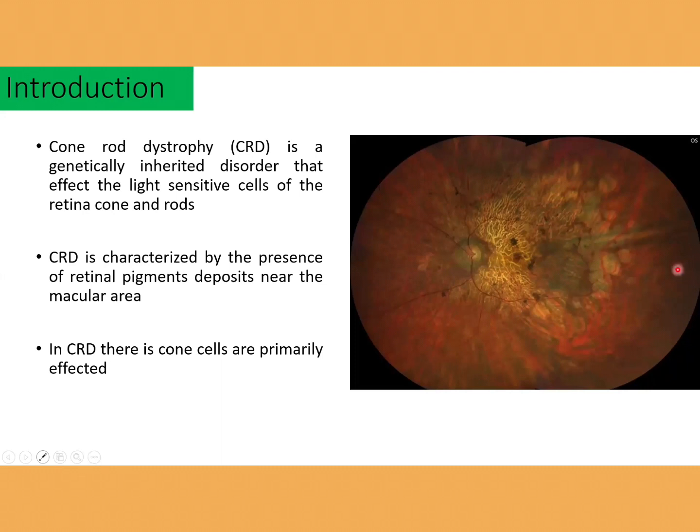But the most periphery is spared. So that is why a cone rod dystrophy patient will not have that much peripheral field defect, but as the macula is atrophic, the patient will have significant vision reduction as well as central visual field defect, right? In this patient, primarily the cones and rods are mostly affected.